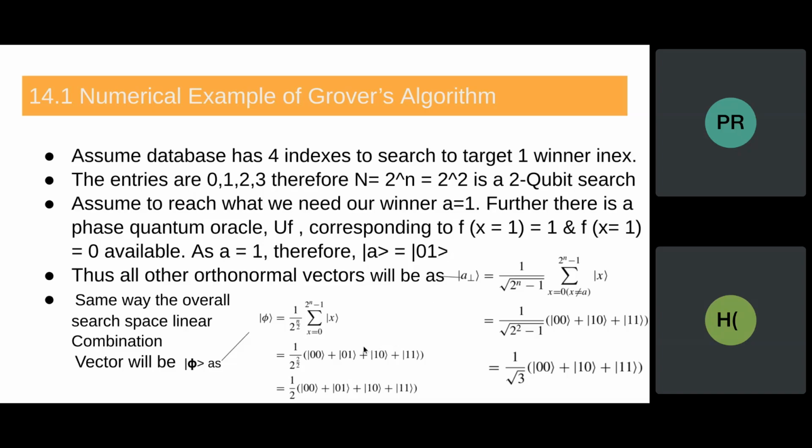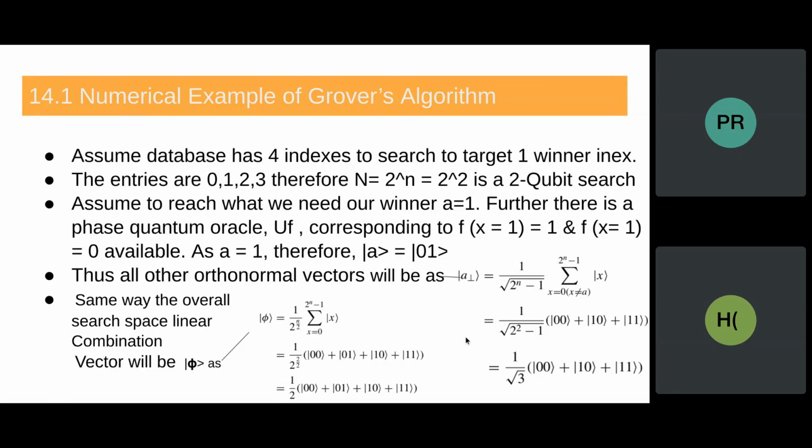And so the phi vector contains 4, the a vector contains 1 element of the 4, and the a perpendicular contains the remaining 3, which are 00, 10 and 11. 01 is eliminated because that is our target.